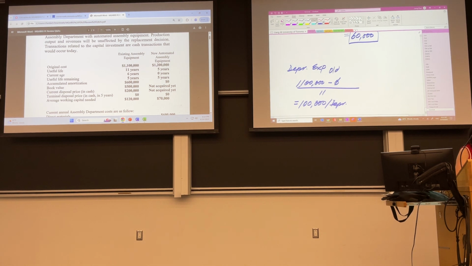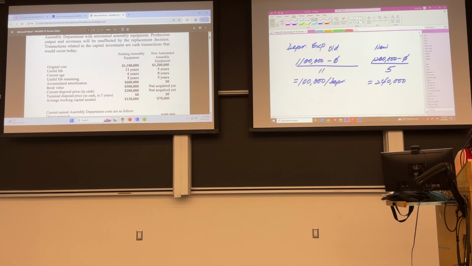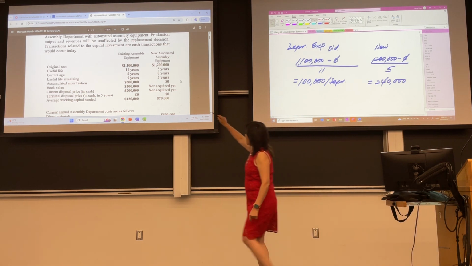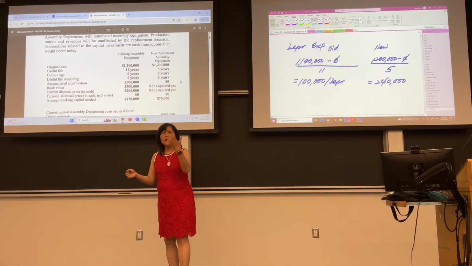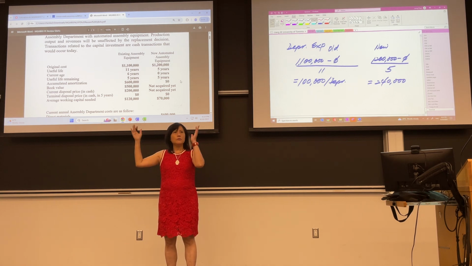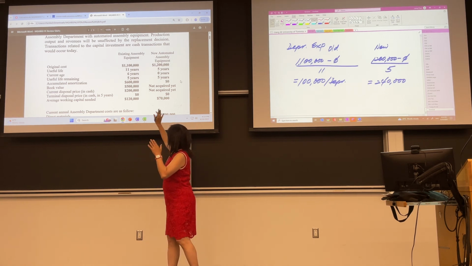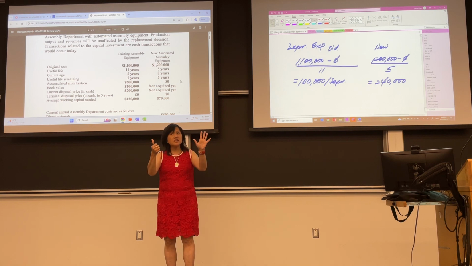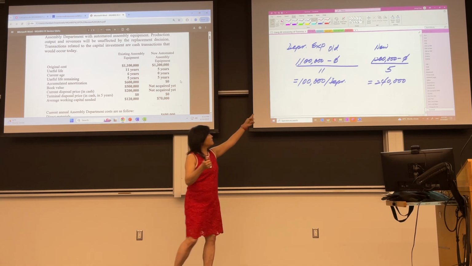Okay, this is the old machine. How about the new machine? The new machine, $1.2 million. Residual value is 0, divided by 5 years. Each year will be 240,000. You depreciate more. Okay? Now, that's why the book value is 500,000. You paid 1.1 million, 100,000 times 6 years, 600,000.